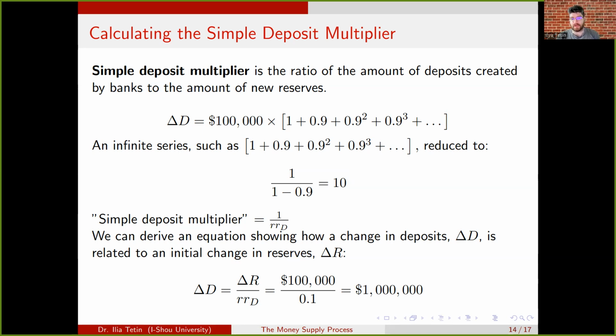And we have an equation showing how a change in deposits, delta D, is related to an initial change in reserves, delta R. We have delta D equals delta R over RRR. So this is another equation for understanding this, and in the case of our example, it will again be 1 million.